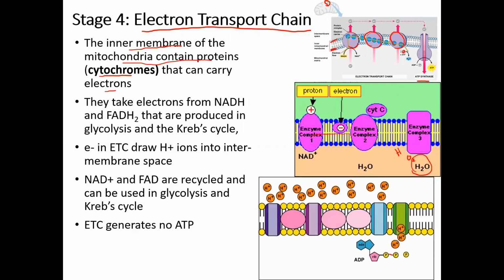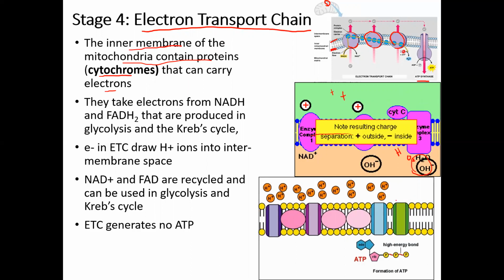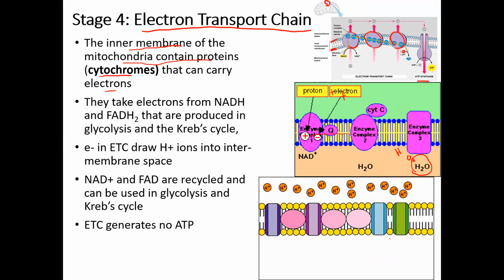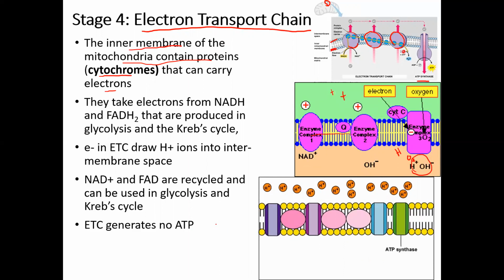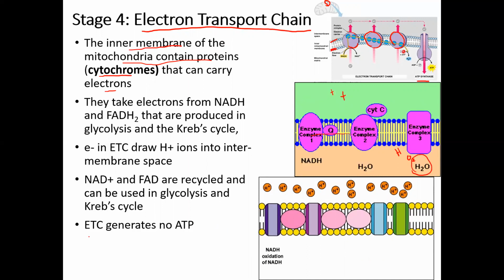Okay, and what's going to happen as we build up protons? Protons are building up in the intermembrane space. They're going to move through the ATP synthase, and they're going to make ATP. Okay, now let's be clear on something here. The electron transport chain does not make ATP.